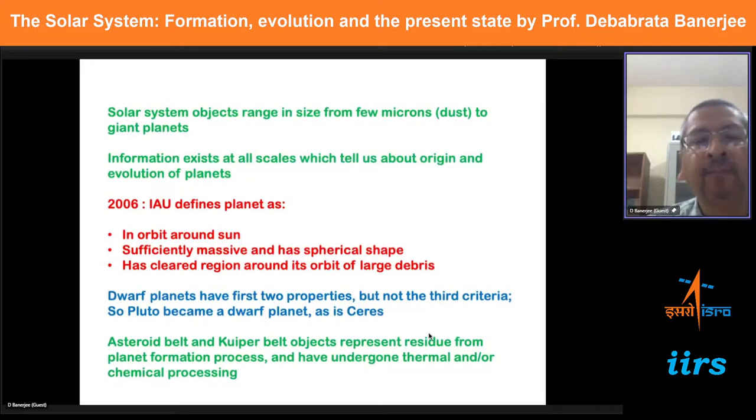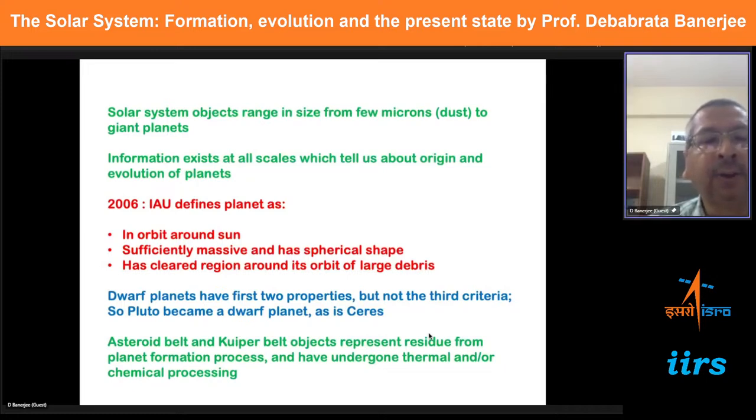So therefore, since Pluto does not satisfy the third criterion, it is considered a dwarf planet, as is Ceres.